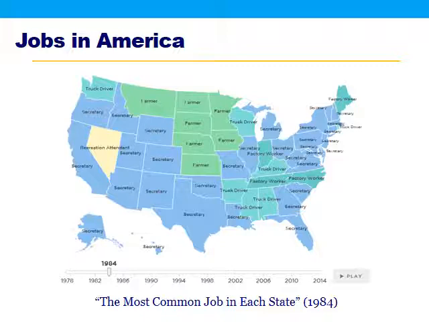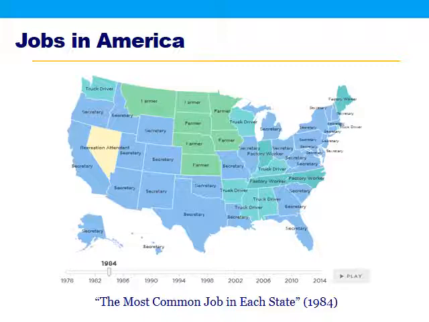We have a cluster of states where farmer was the most common job. In the South, we have some truck drivers and factory workers, states where those were the most common job. In Nevada, the most common job was recreation attendant. I will give you a hint that that includes people who work at casinos. So that kind of makes sense when you think about it that way, right? Why it's important to have our operational definitions here.